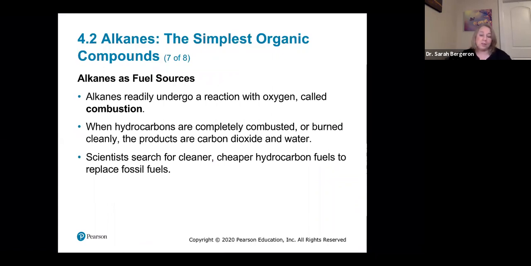Now, alkanes are very, very important to us. They're not very reactive in terms of water, but they react really well with oxygen. And when they react with oxygen, you have combustion. So guess what you put in your car to get to school? You put an alkane in your car. You put a hydrocarbon. When you completely combust a hydrocarbon, all you're going to get is carbon dioxide and water.